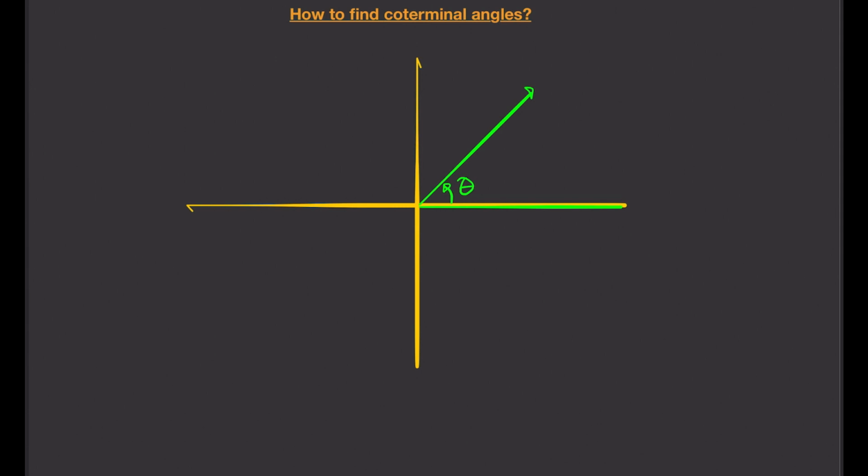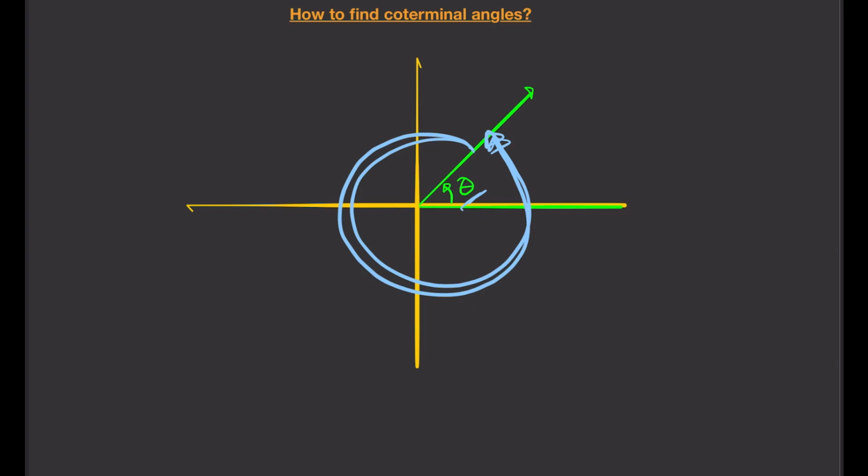Well, I can just rotate one revolution, and I'm back on that terminal side. That means that angle and this new angle, wherein you added one revolution, are coterminal.